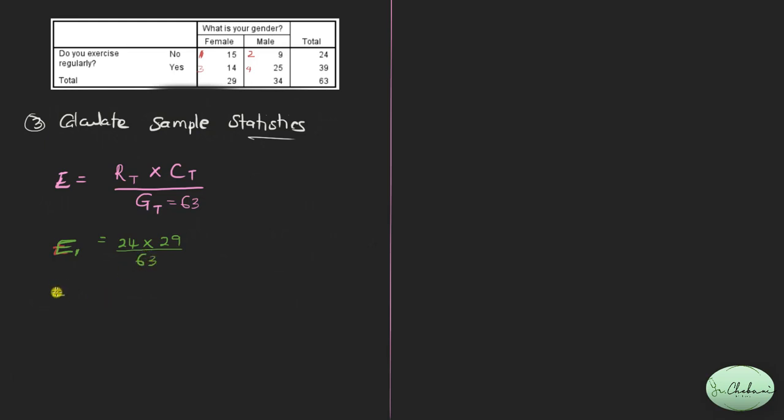For the second cell, the row total is 24, the column total is 34, and we divide by 63. I think it's now obvious what's happening here, so I'll complete the rest quickly and then we'll get our values.